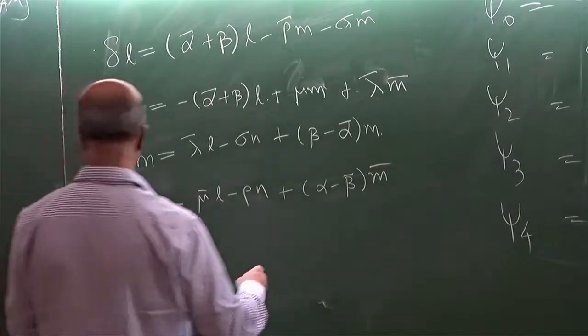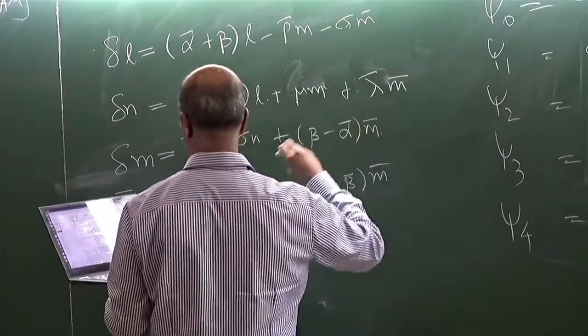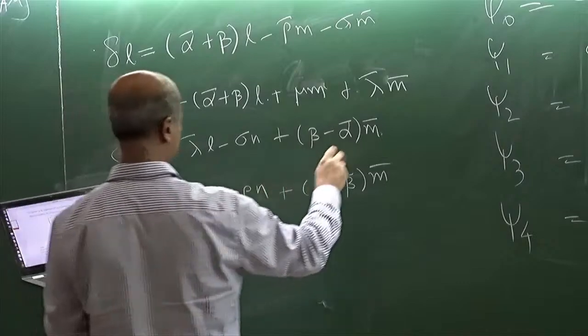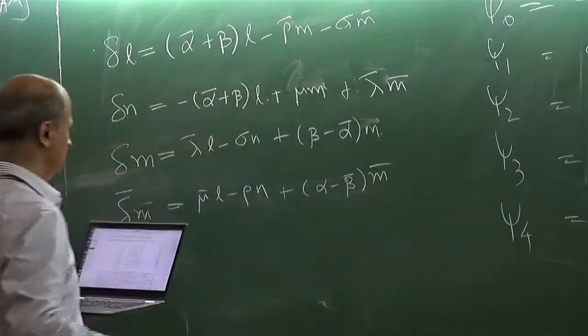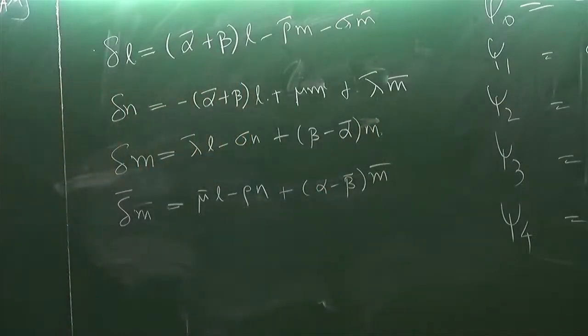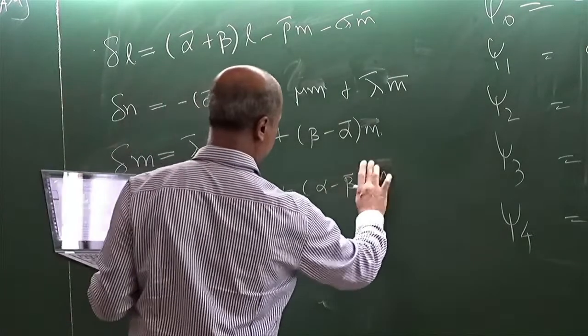Sorry, this should be m complex conjugate. No, this should be m, and this should be m. No, sorry, both should be m.